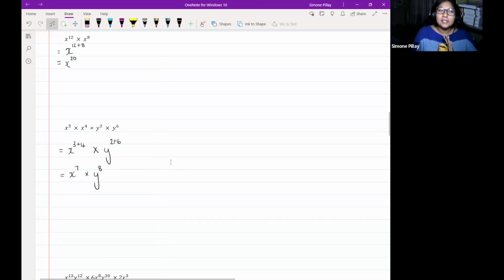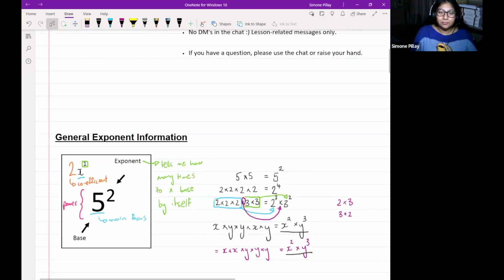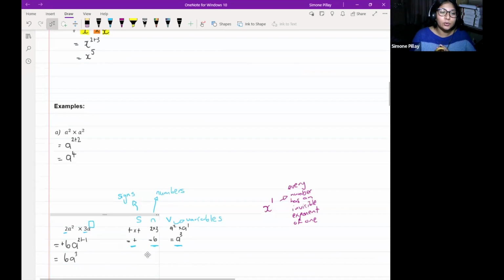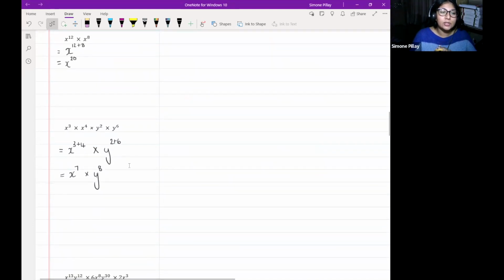If anybody is a little bit confused, let's talk about it. Remember what we did up here. I can condense expanded forms into exponential form. When we write it out in multiplication, we call that the expanded form, and when we condense it into its exponent form, into a power, we call that exponential form. I can do the same thing here.